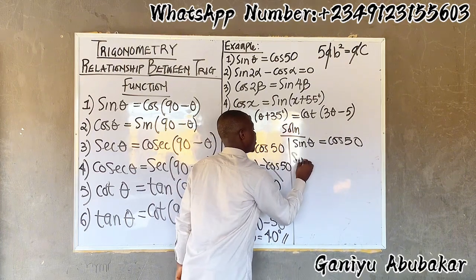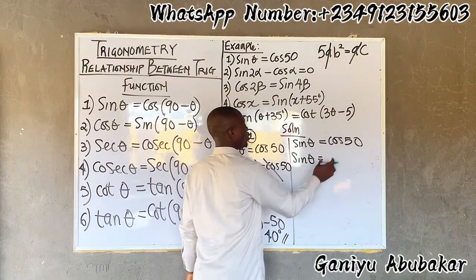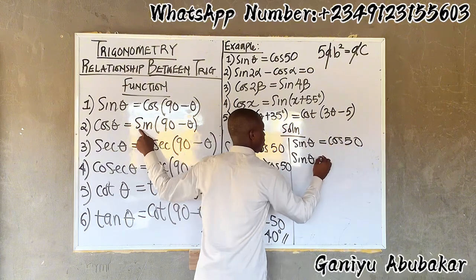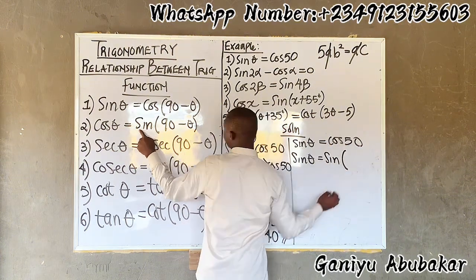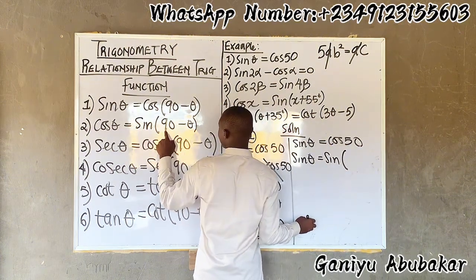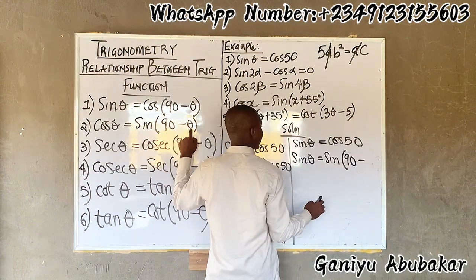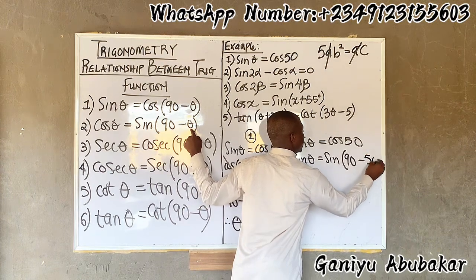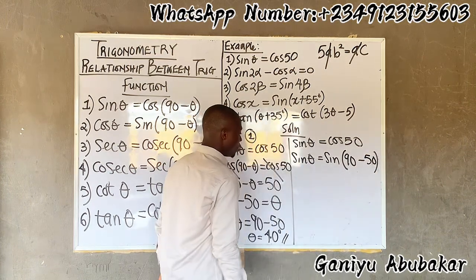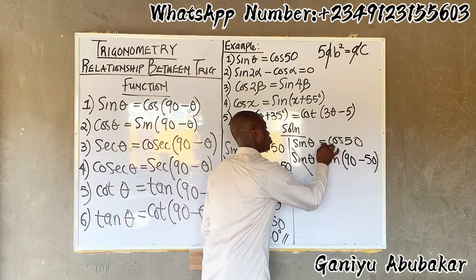I'll have sine theta to be equal to, changing cos to sine, sine of 90 minus 50. So in essence, this will cancel this.